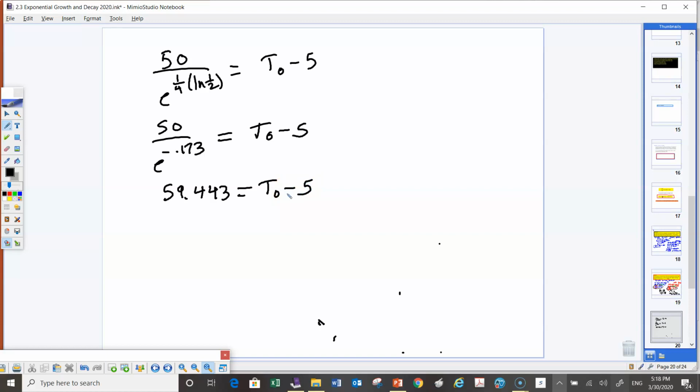And now I just add 5 over, and the original temperature of my object is approximately that many degrees Fahrenheit.